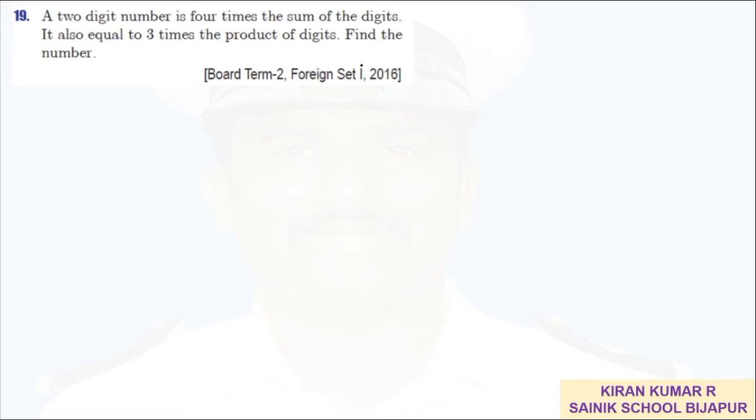Question 19. A 2-digit number is 4 times the sum of the digits. It is also equal to 3 times the product of the digits. Find the number.